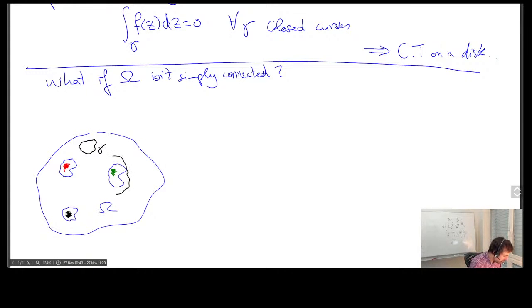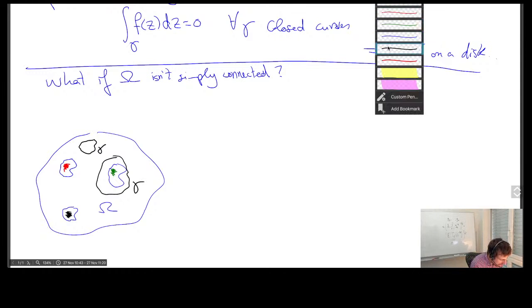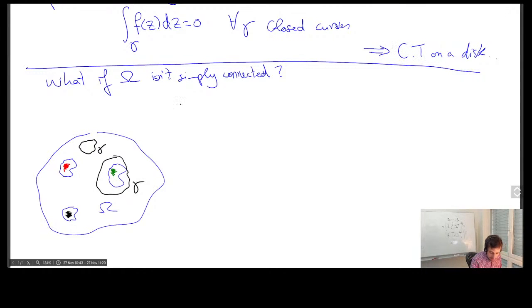But if I have a curve that goes around like this, then this is problematic, and we don't expect the integral necessarily to be 0. So the question is what happens then. Let's talk about multiply connected regions.